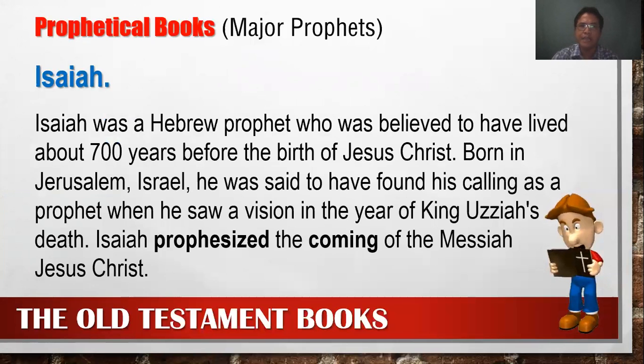Isaiah was a Hebrew prophet who was believed to have lived about 700 years before the birth of Jesus Christ. Also born in Jerusalem, he was said to have found his calling as a prophet when he saw a vision in the year of King Hosea's death. So Isaiah prophesied the coming of the Messiah, or Jesus Christ.